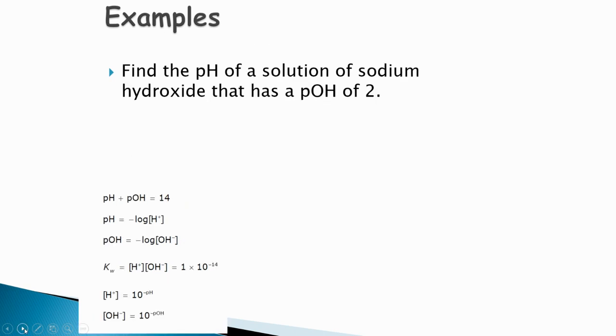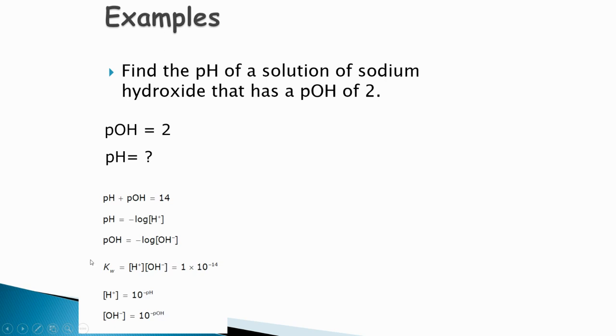Okay, let's take a look at the next one. This one says to find the pH of a solution of sodium hydroxide that has a pOH of 2. So again, the first thing we want to figure out is what do we have and what are we looking for. The first thing that we see is that we have a pOH of 2, and we are looking for the pH. Okay, so again, let's go to our formulas.